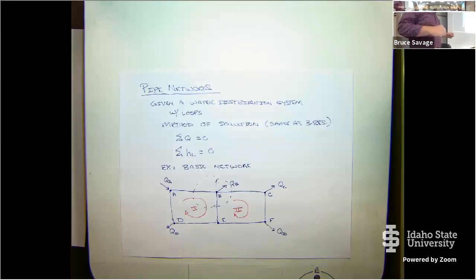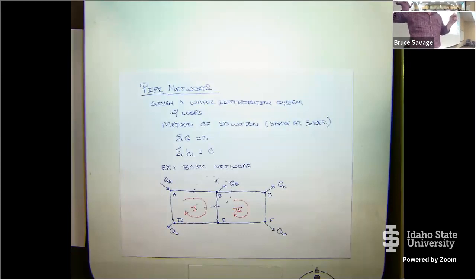We have pipe A coming in, it splits into B and C, and joins back up into D. We said it didn't matter if you took B or if you took C, you ended up at the same spot. Okay?